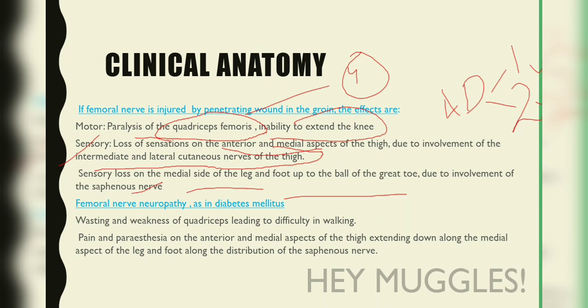So basically there would be pain and paresthesia on the area of skin supplied by your femoral nerve and its cutaneous branch, the saphenous nerve, right? So what is paresthesia? A tingling and pricking like sensation.